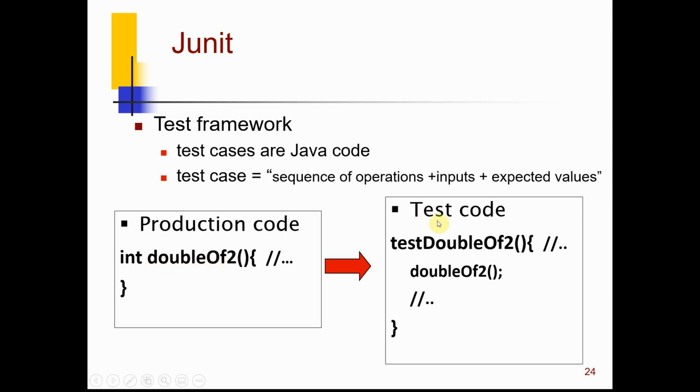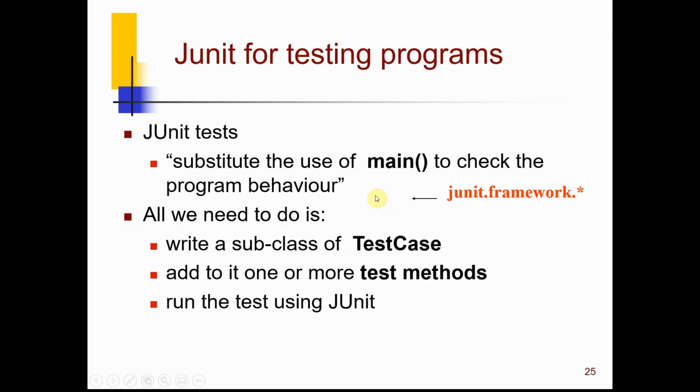Your testing code adds the keyword test in front of it. The test is also code, a test double code, and in here you call the double code and then verify using assertion. Later on we will talk about assertion. So this is what JUnit code looks like.